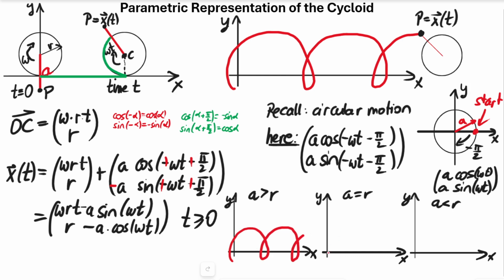If it is equal to the radius, you don't go below the x-axis. So these are like half circles like here. And if a is smaller, it looks more like an oscillation. If you want to play with the parameters a and r more, then just use our Mathematica notebook. Thanks for the attention and see you in the next video.